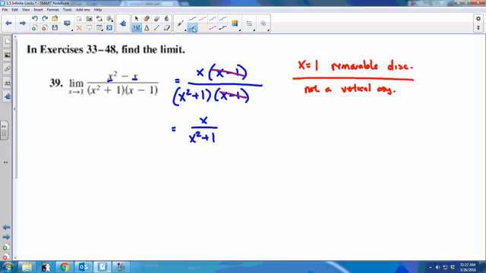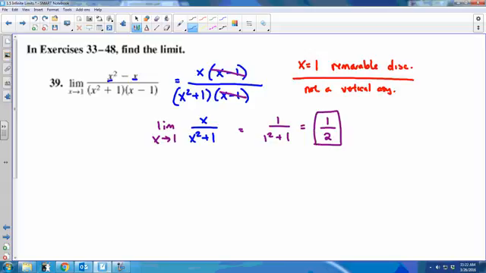So now I'm looking at the limit as x approaches 1 of this function. Let's try direct substitution now. I have 1 over 1 squared plus 1. 1 squared is just 1, so I have 1 over 1 plus 1, which is 2. So the limit as x approaches 1 is 1/2.